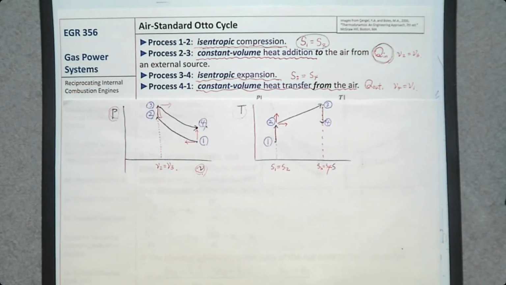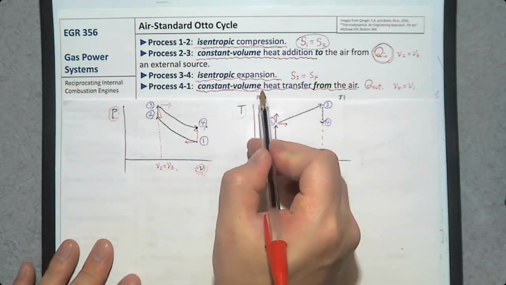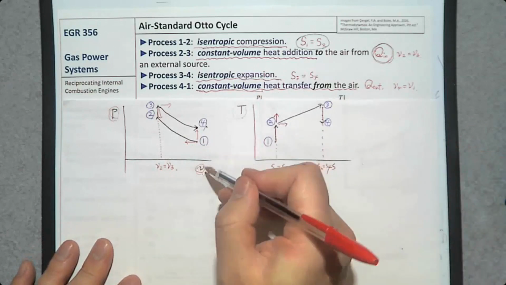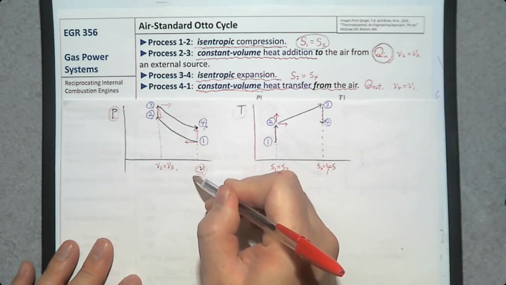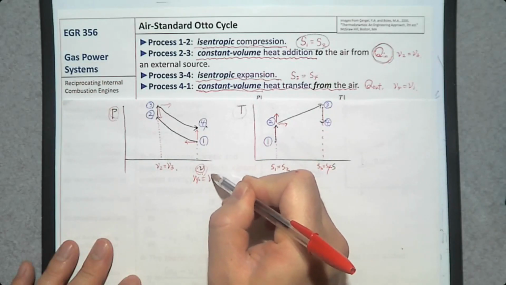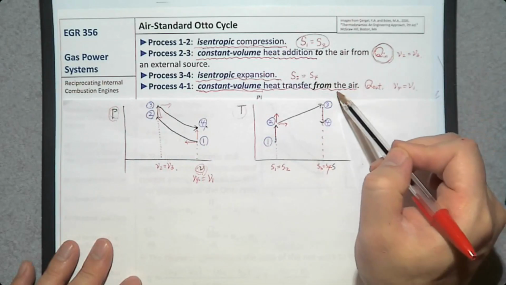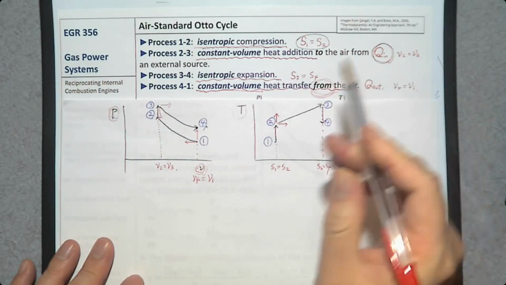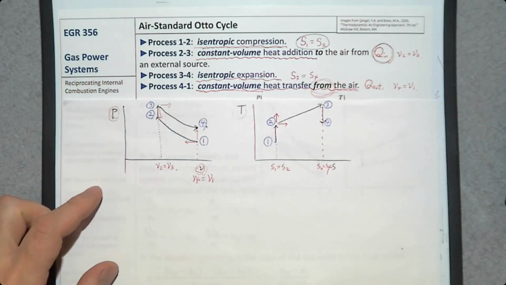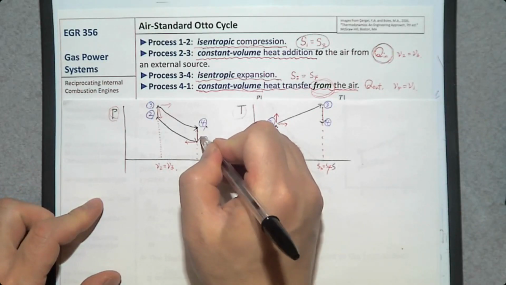And finally, process 4 to 1 is constant volume heat rejection. So it's going to be constant volume. V4 should be the same as V1, and heat is removed from the air, therefore pressure goes down this way.